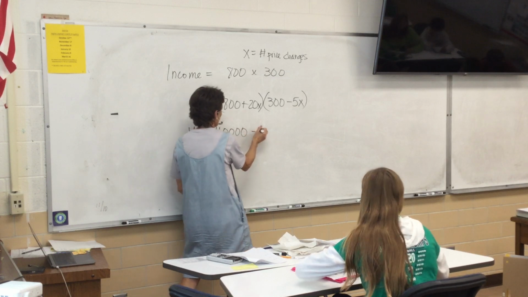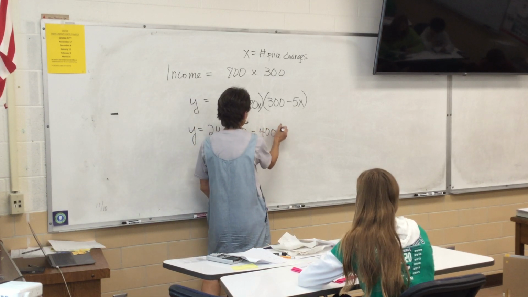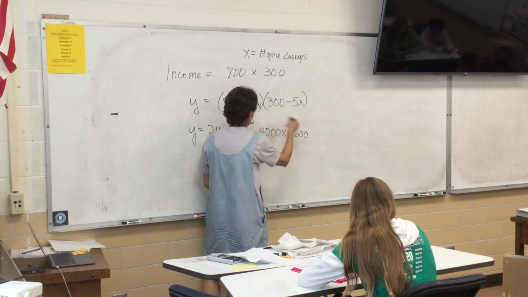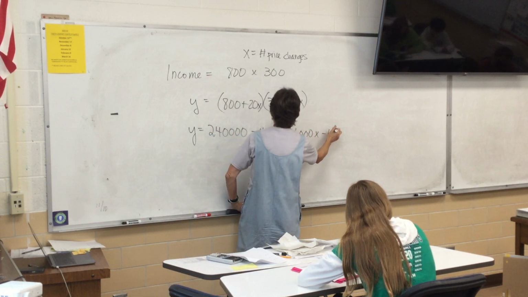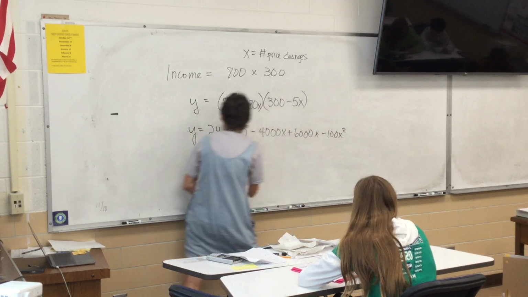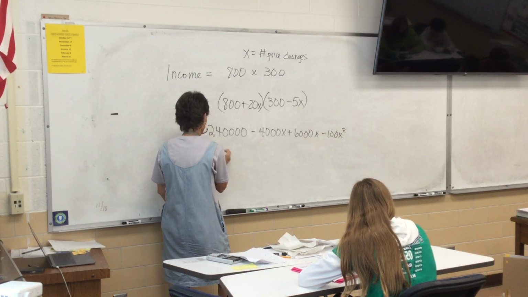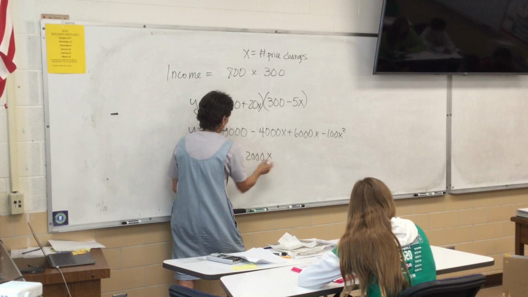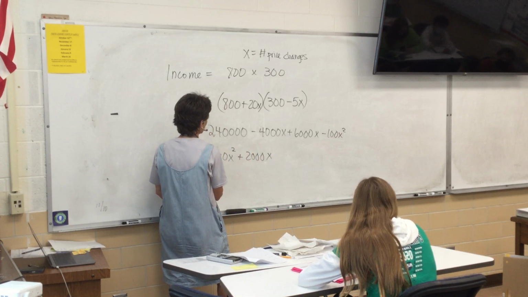24,000. Use your calculator if you have trouble with the arithmetic. So I'm going to get negative 100x squared plus 2,000x. I hope I multiplied that.